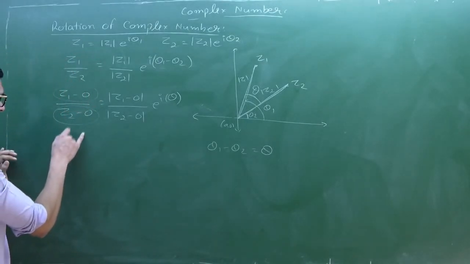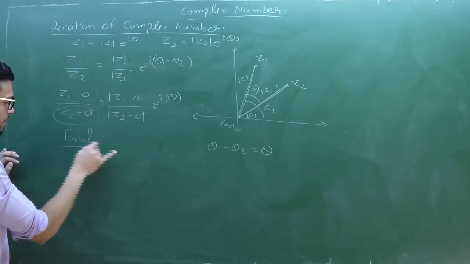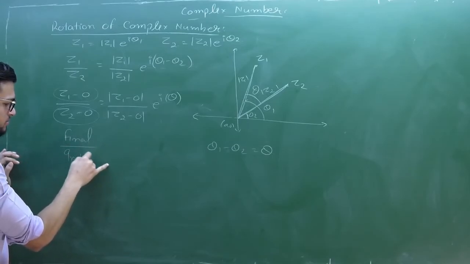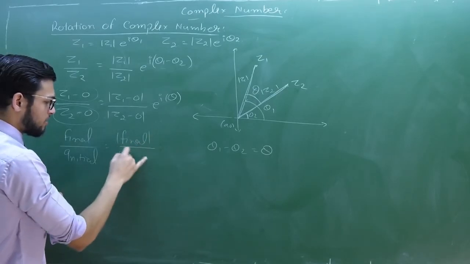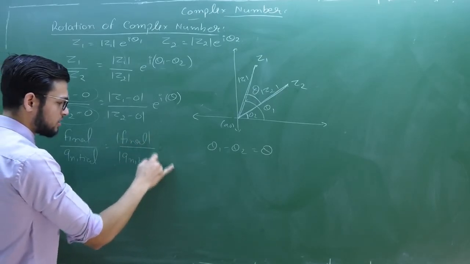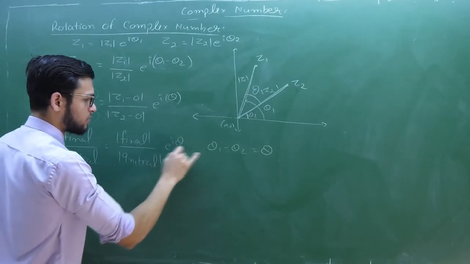So final upon initial is equal to magnitude of final upon magnitude of initial and e to the power iota theta.